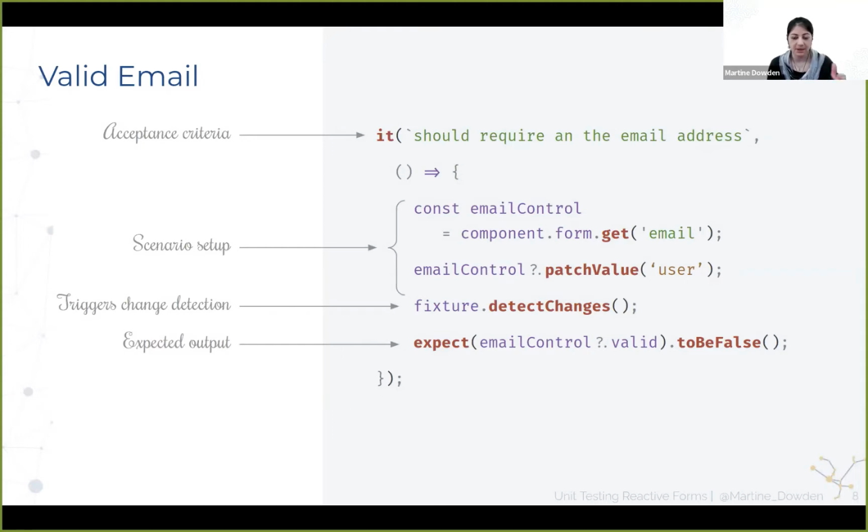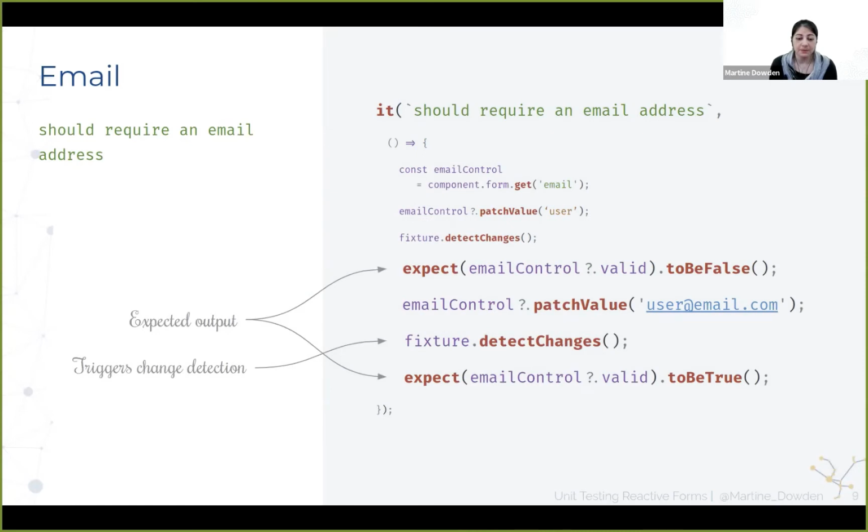Same idea. I'm going to pass it a value of email, which is obviously user, which is obviously invalid because it doesn't have the at whatever dot whatever, right? I'm going to trigger my change detection, and I'm going to expect it to return false, because that means that the regex I put in is actually working.